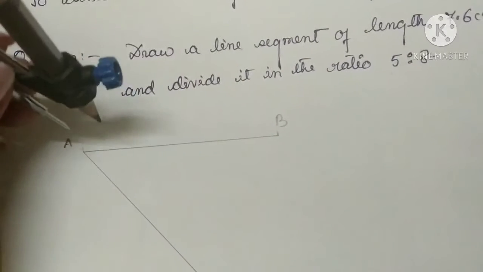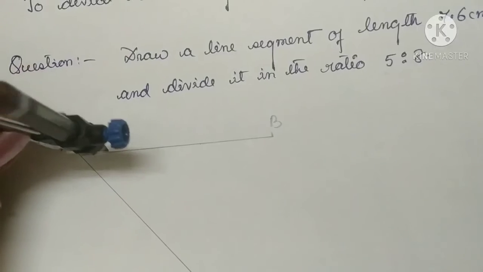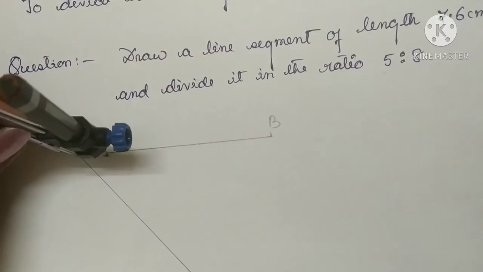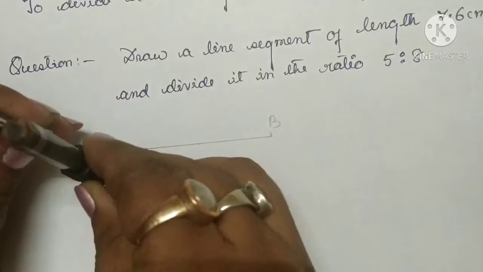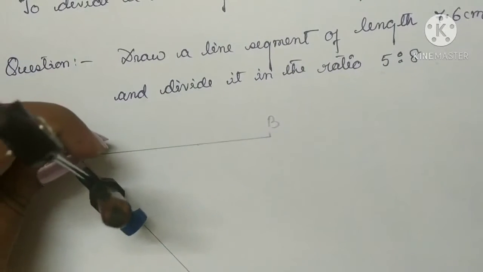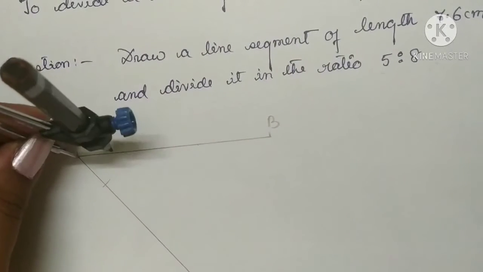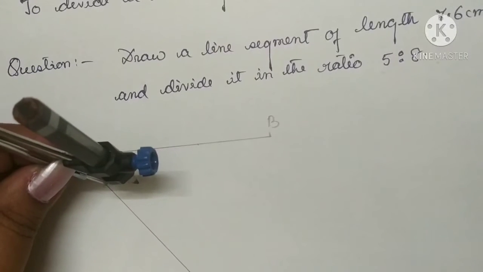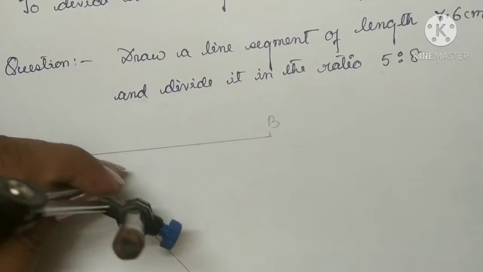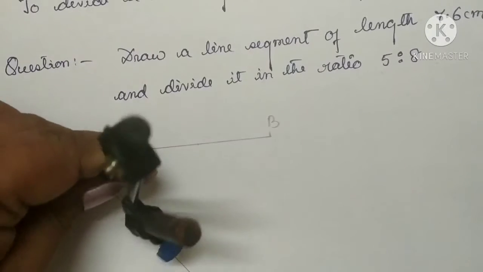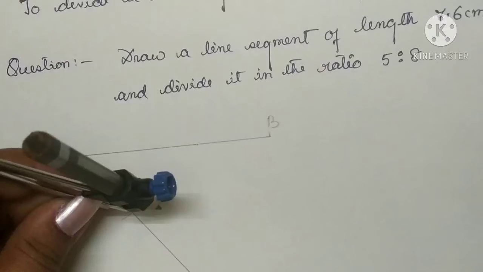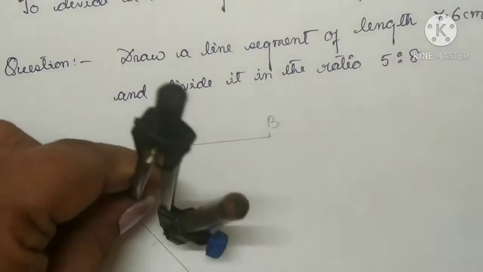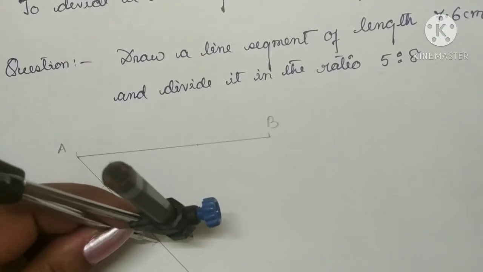With center A, taking this one as center and a convenient radius, I'm just drawing an arc on AX. Okay, similarly, now taking this one as the center, I will draw another arc, and this one will be continued till we get 13 points.